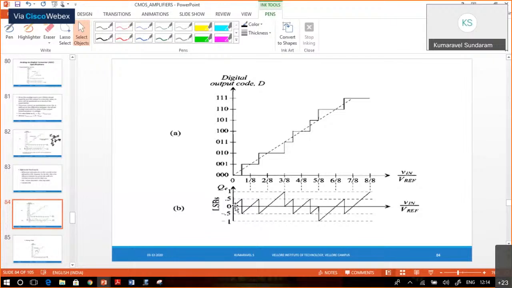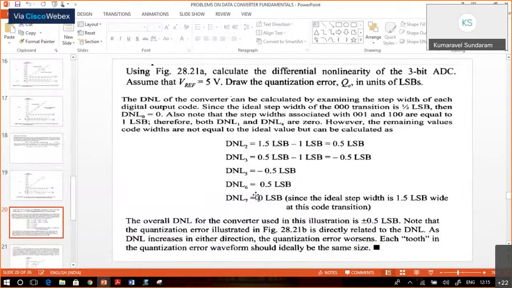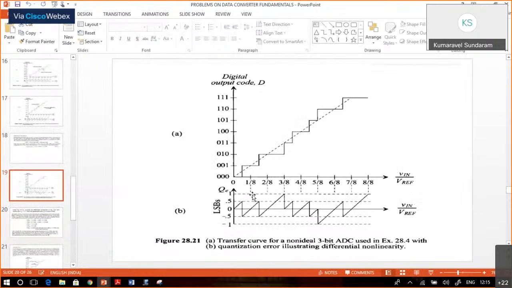Now we need to calculate the DNL and INL. For this figure only, we are going to calculate the DNL, right?